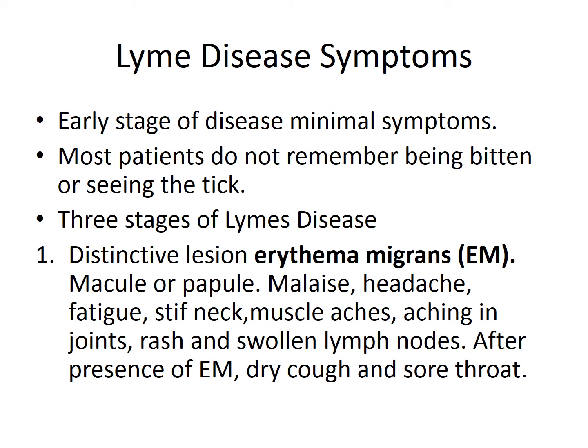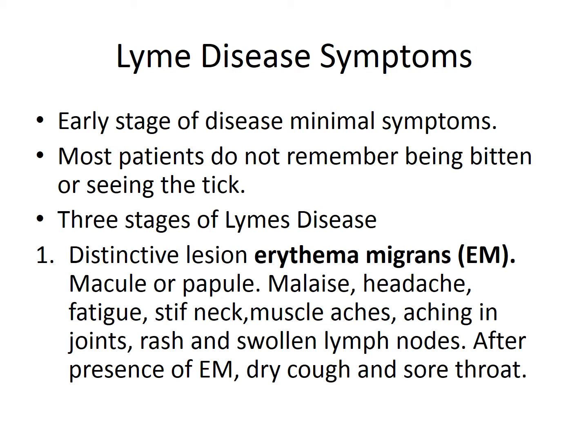A lot of individuals just kind of feel really tired. They have a headache, they're fatigued, they have a stiff neck, their muscles ache. And as the disease progresses, they get a lot of aching in their joints. That rash can go along with the papule or the bullseye.